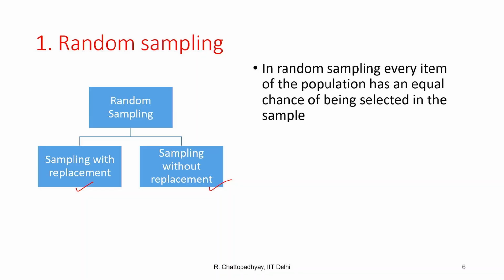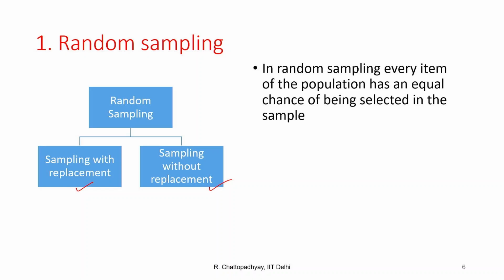In random sampling, every item of the population has an equal chance of being selected in the sample. That is what is called random sampling. So we are not biased, and all the items have an equal chance of getting selected.